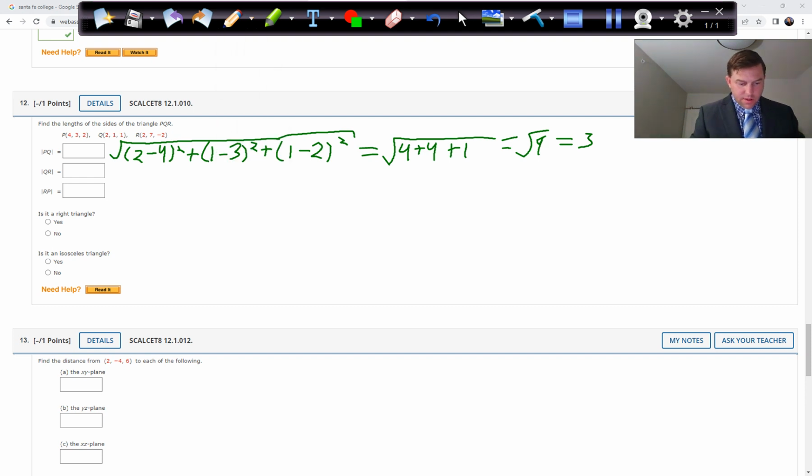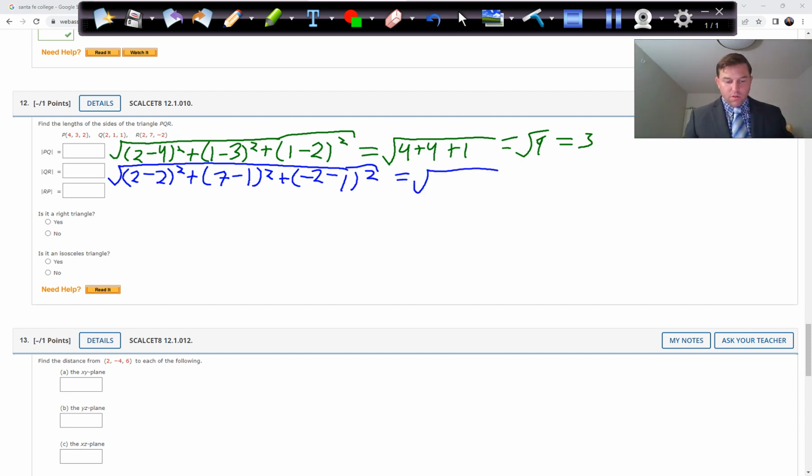Okay, let's try the next one. QR. R minus Q. So the x value of R is 2. The x value of Q is 2. Square, that's going to be easy, 0. Plus the y value of R is 7, minus the y value of Q, which is 1, squared, plus the z value of R, which is negative 2, minus the z value of Q, which is 1, squared.